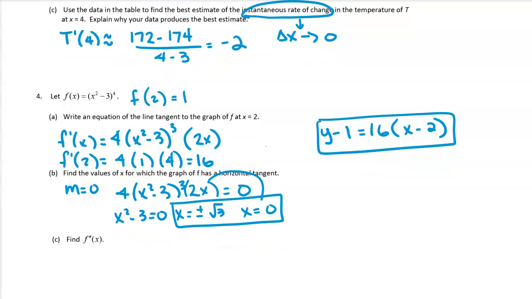Again, some of you went to great lengths to expand this when really all you needed here to get the second derivative was some simple chain and product rules. So I'm looking at this as being 1, and this as being 2.